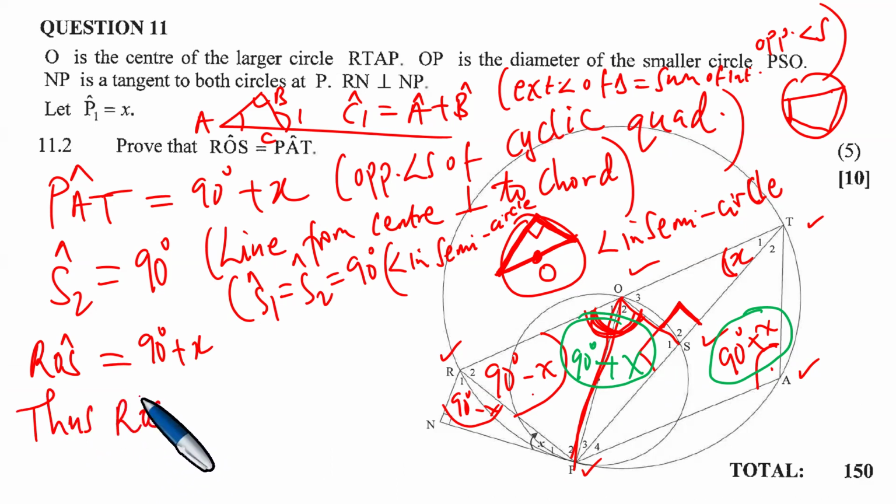Thus ROS is equal to PAT, because ROS is 90 plus X, but angle PAT is also 90 plus X. So ROS is equal to PAT because they are both equal to 90 degrees plus X.